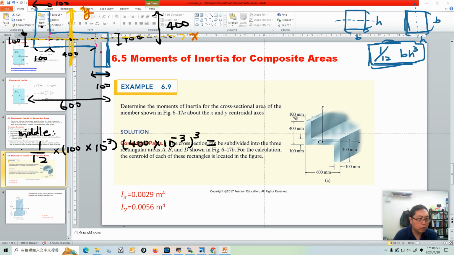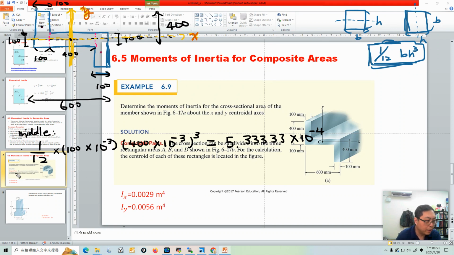So it's B H cubed, the same. 43,333 times 10 to the power minus 4. Let me quickly check my answer. Is this right? Okay, yeah, it's right. So this is the middle part.